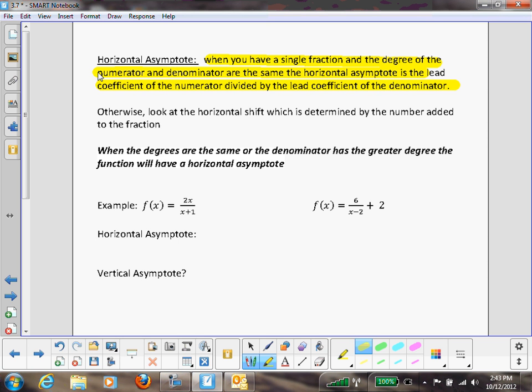What does that mean? Yeah, exactly. There's a lot of words. So when I have a single fraction, and I have a variable in the numerator and a variable in the denominator, look at these ones over here.